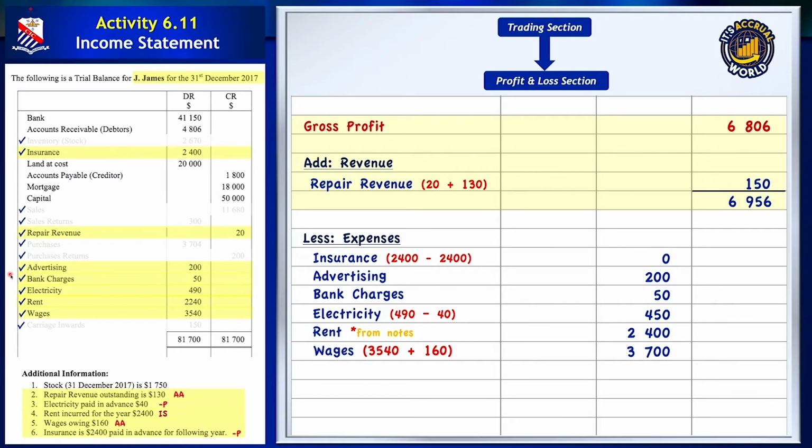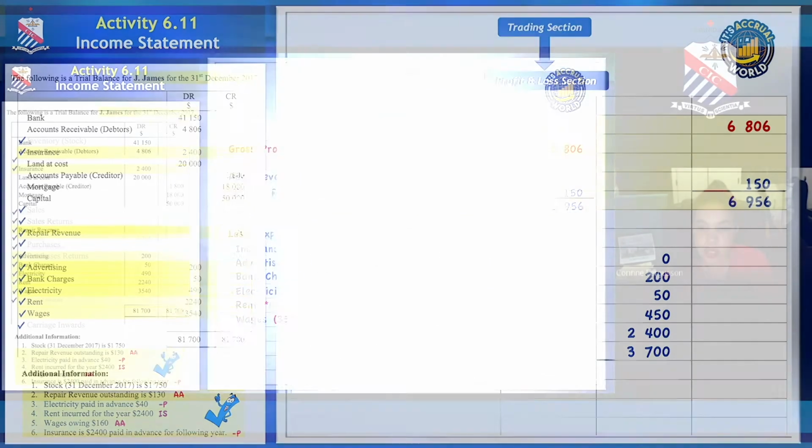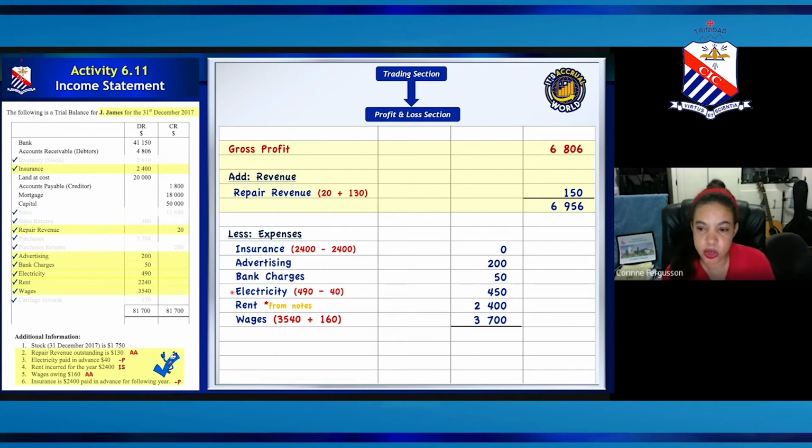And then you even look that you accounted for all of your adjustments, right? So you've done everything. You can now calculate what your total expenses are. You add up those figures and the answer you get will be 6,800. Note the brackets. That is to signify that you're going to less the expenses. You're going to subtract. What are you subtracting from? Your total revenue figure here.